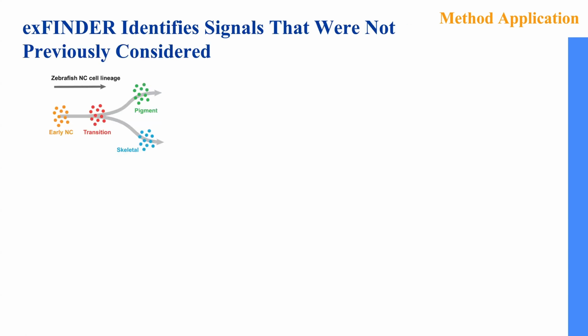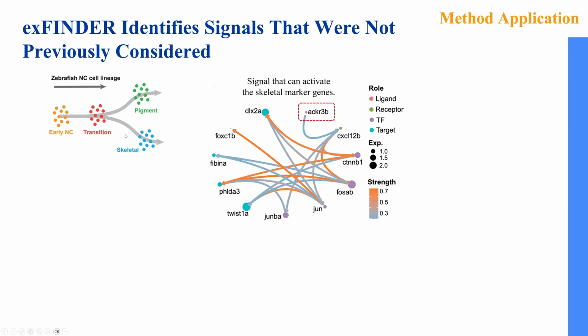And then for the zebrafish paper, they infer the neural cluster cell lineage using only the neural cluster cells. We took the skeletal cell as an example. We want to see if these cells received any external signals.